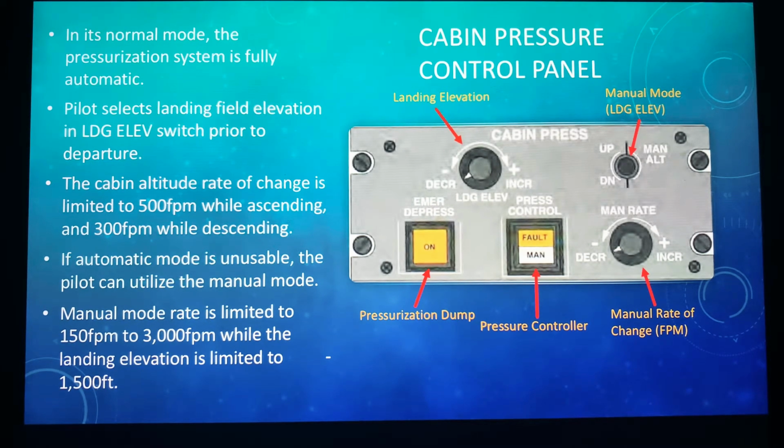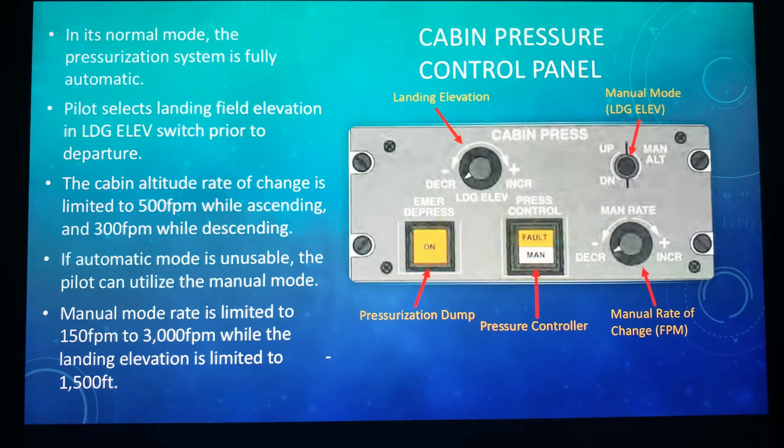In the automatic mode, the cabin altitude rate of change is limited to 500 feet per minute while ascending and 300 feet per minute while descending. However, if the automatic mode is unusable, the pilot can switch to the manual mode, which is on the right side of the pressure control panel.